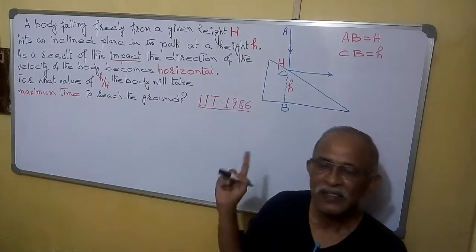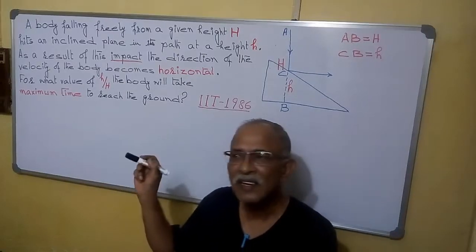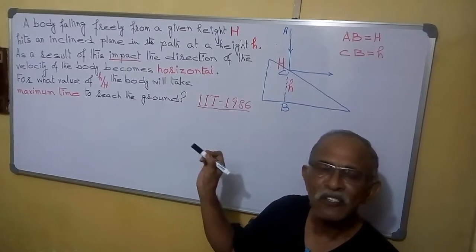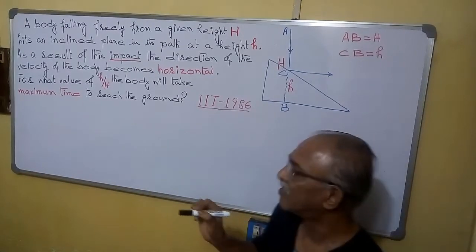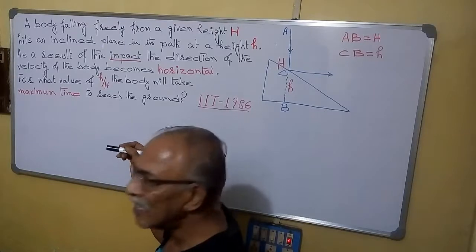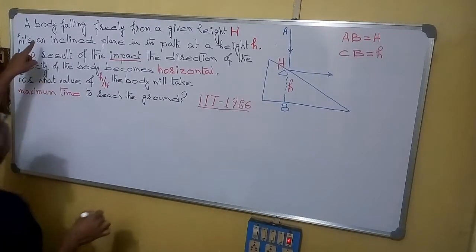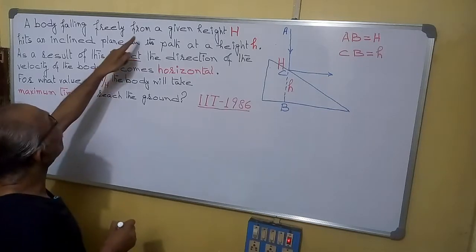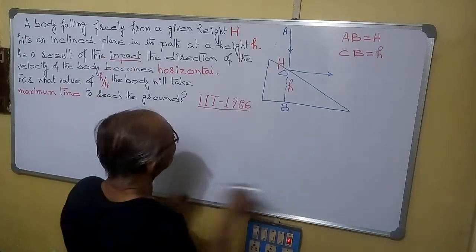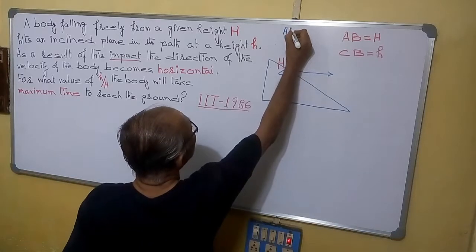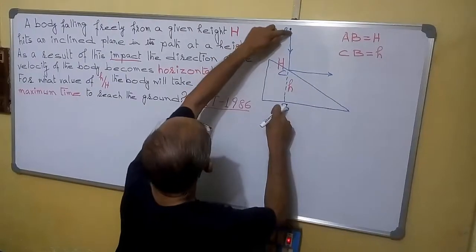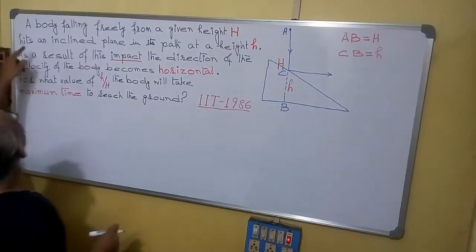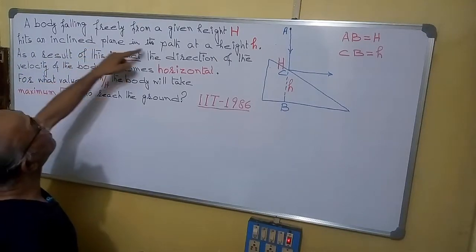Welcome. This one is an important sum of kinematics. A body is falling freely from a given height H. Suppose it is falling from A, and this height is H. It hits an inclined plane in its path.